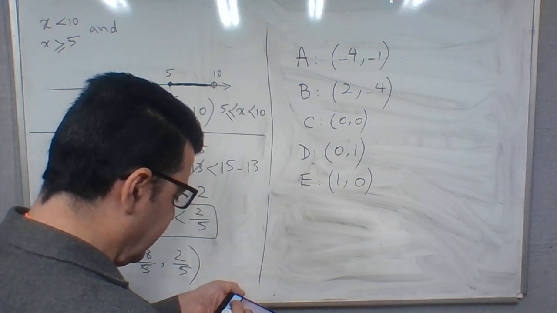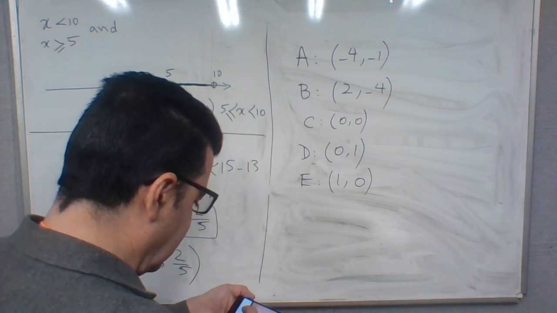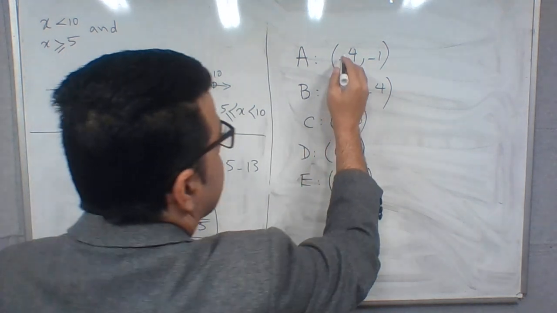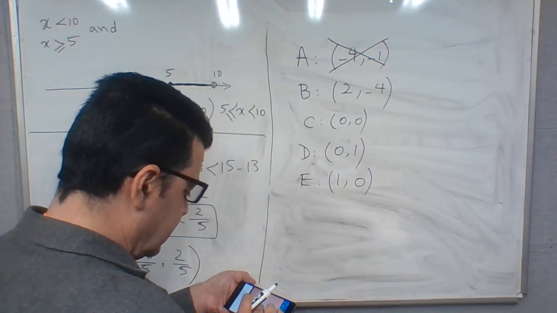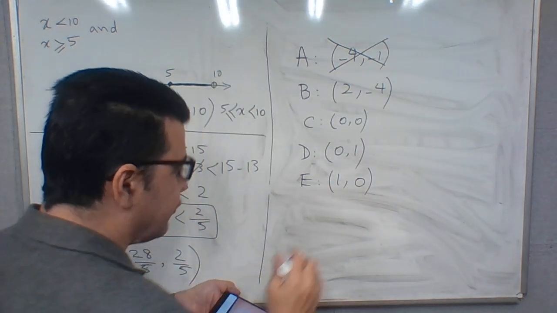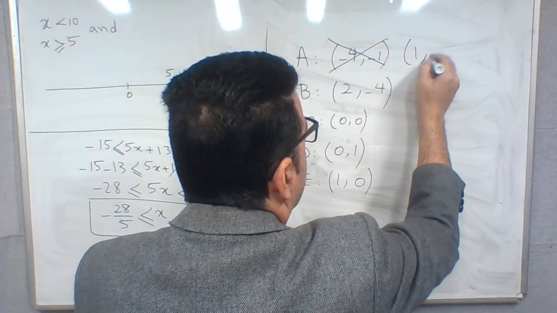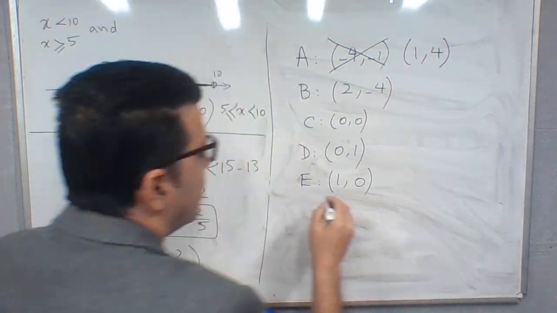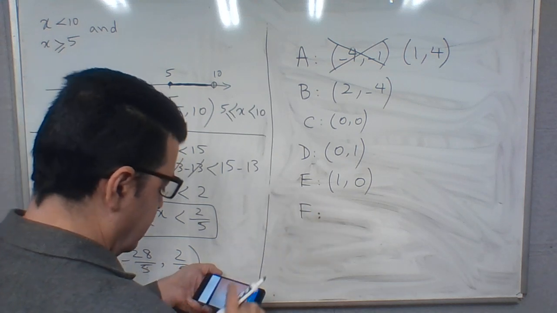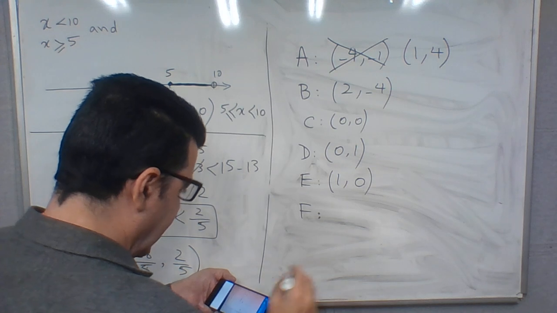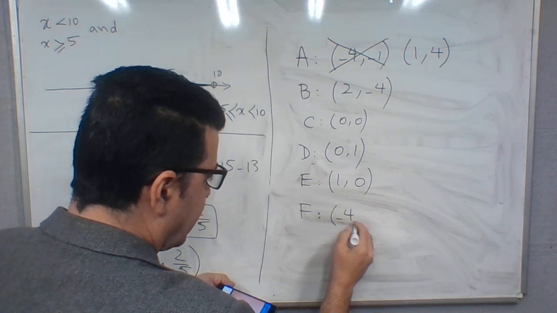Oh, F is what we wrote for A. So this is wrong. A is on top, so it is 1 unit to the right and 4 units up. And what we wrote up there, for F we have -4 and -1.